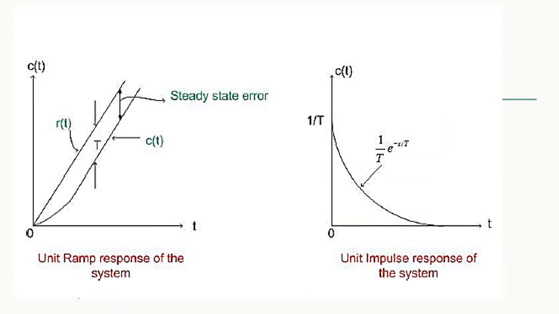Now the output response is this. For the impulse, since it is e power minus t by T with exponential decay, after some time duration it becomes 0.